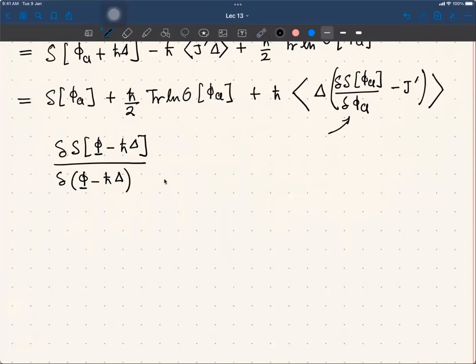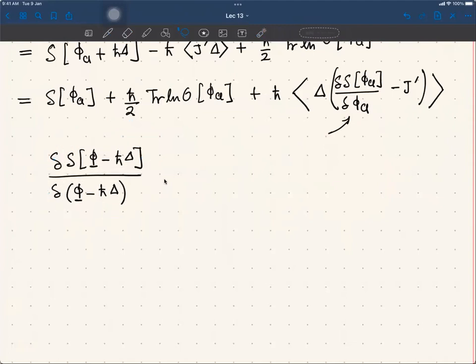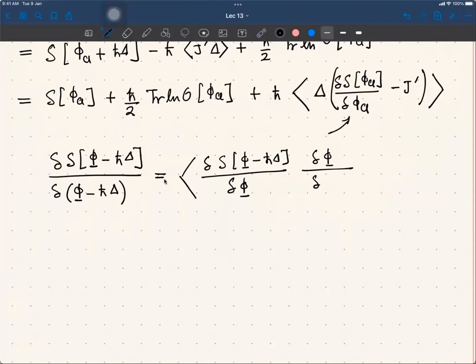Now this can be calculated by the chain rule. First let us use the chain rule: del over del phi lower bar, then del phi lower bar over del phi CL, where phi lower bar is minus h bar delta, and I'm integrating over the location of phi lower bar.